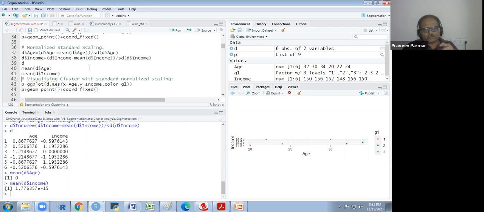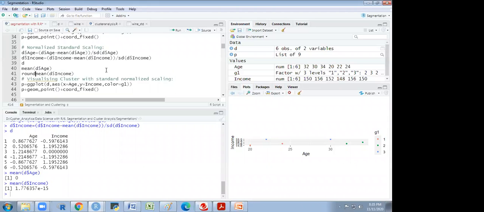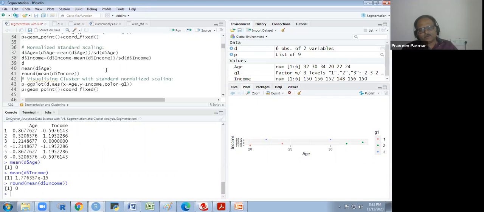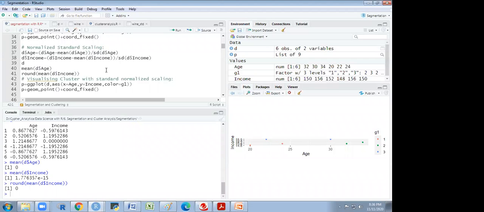That is also 0, 1.77 into 10 to the power minus 15. Okay, if you round it off, 0. So we have the same scale now, whose mean is 0, and SD would be 1 for both data.